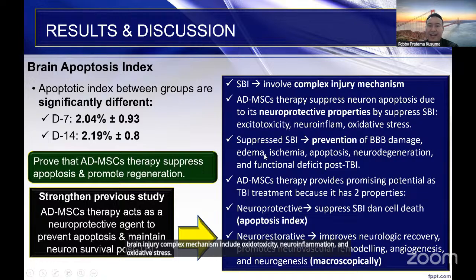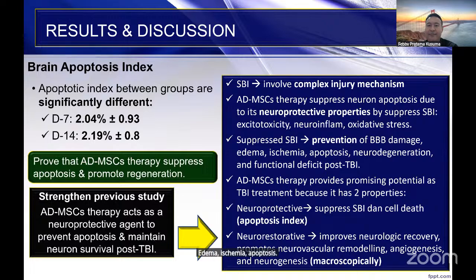So the suppressed secondary brain injury will in turn prevent blood-brain barrier damage, edema, ischemia, apoptosis, neurodegeneration, and functional deficit post-TBI.